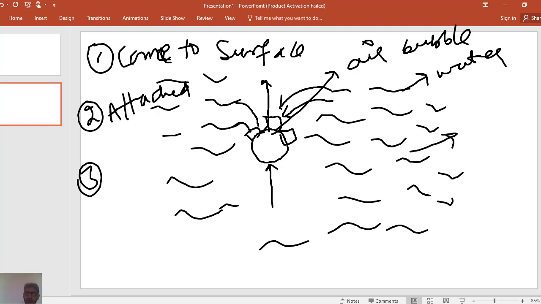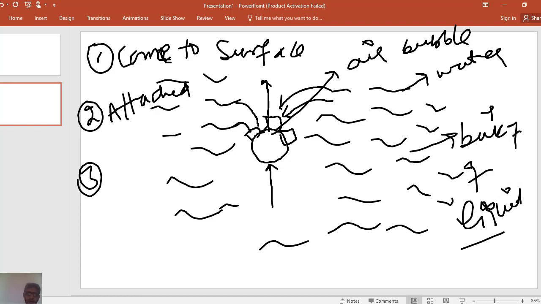Suppose this is the bulk of liquid, and this is also bulk of liquid. The fluid element comes to the surface of the bubble from the bulk of liquid.